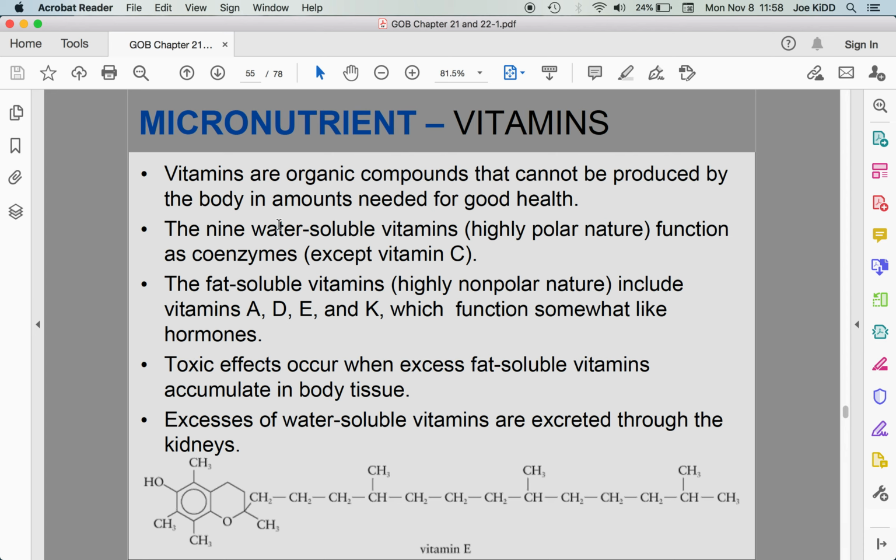Unlike water soluble vitamins, where too much that your body can't absorb all at once or doesn't need can just be excreted, for fat soluble vitamins we don't have a means by which to excrete them. So any excess that we don't need at that time will be stored in fat. You can actually build up very large supplies of these fat soluble vitamins in your body, and this can have a toxic effect.